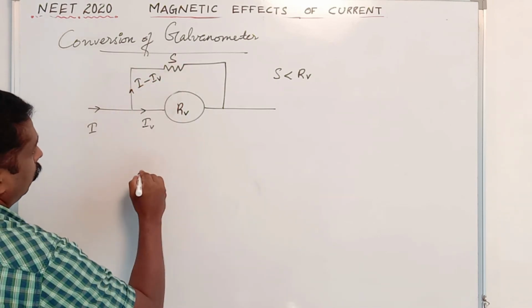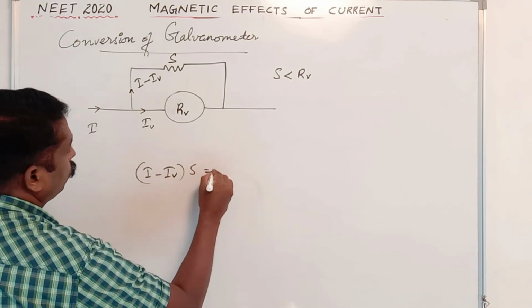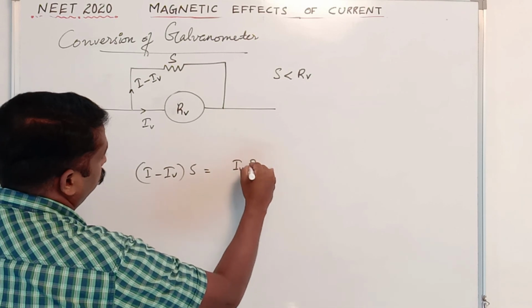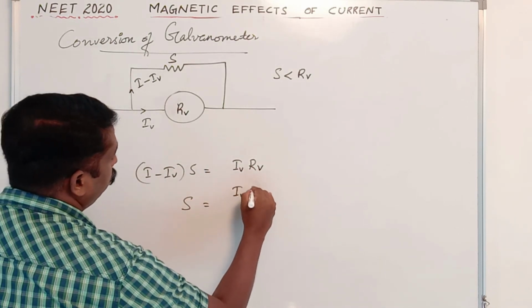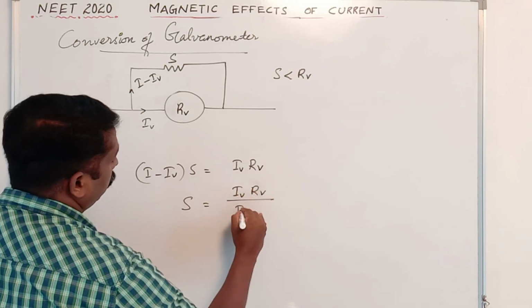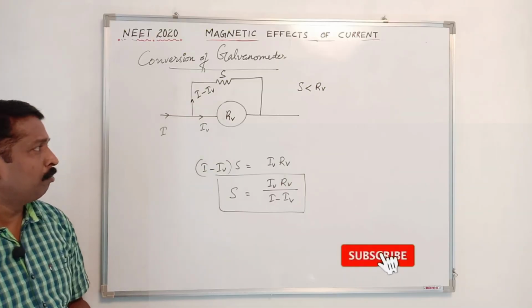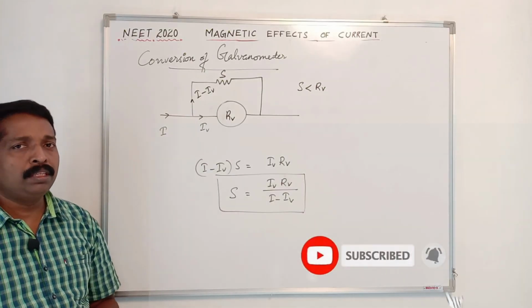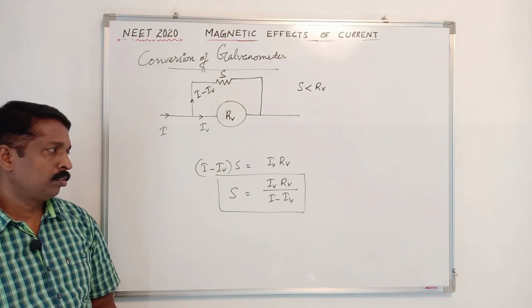Then I minus Iv into S is equal to Iv Rv. Then S is equal to Iv Rv divided by I minus Iv. So the same equations are obtained. A voltmeter can be converted to an ammeter and an ammeter can be converted to a voltmeter.